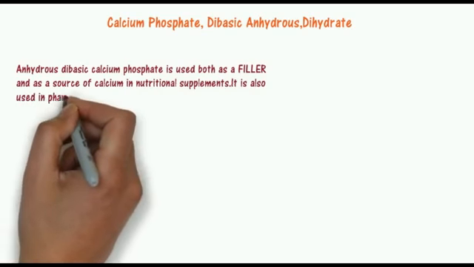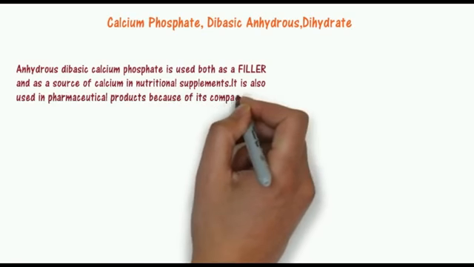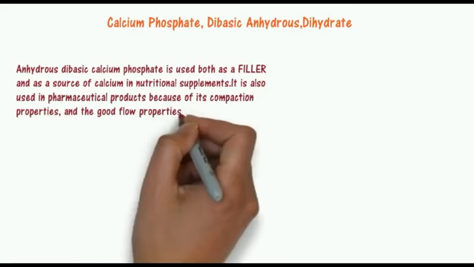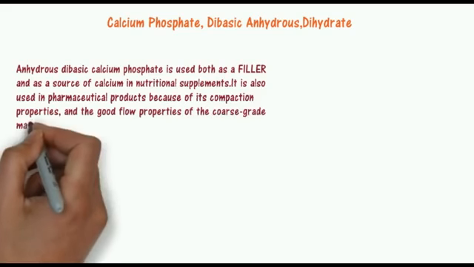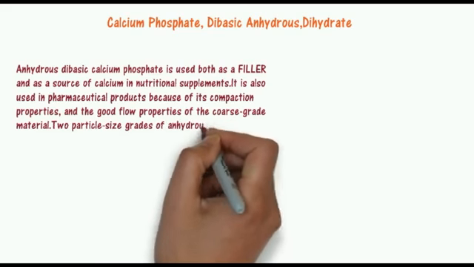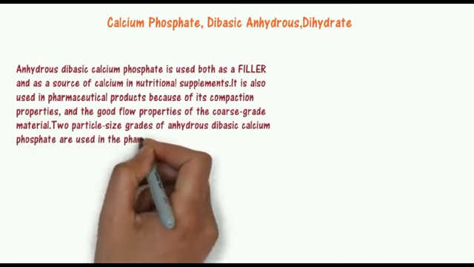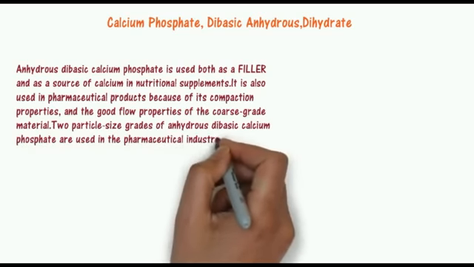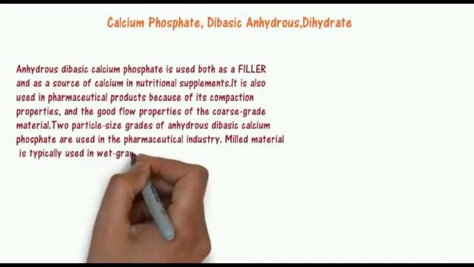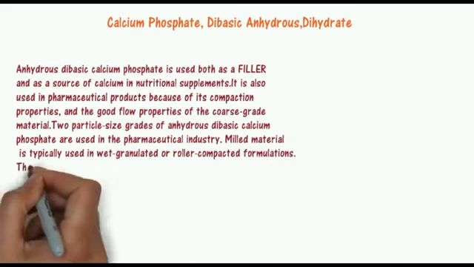It is also used in pharmaceutical products because of its compaction properties and the good flow properties of the coarse grade material. Two particle size grades of anhydrous dibasic calcium phosphate are available, which are used in the pharmaceutical industry. First one is the milled material, which is typically used in wet granulation or roller compacted formulation.